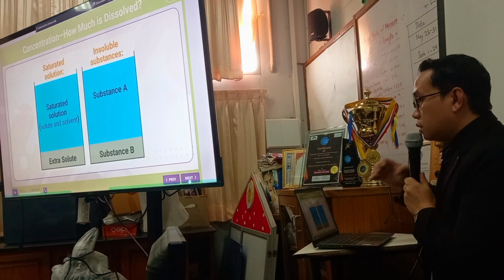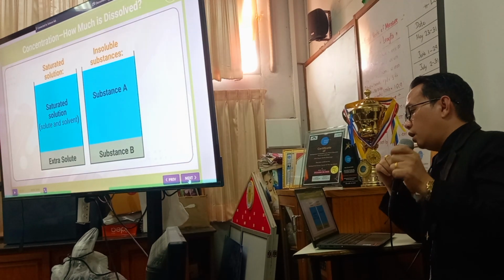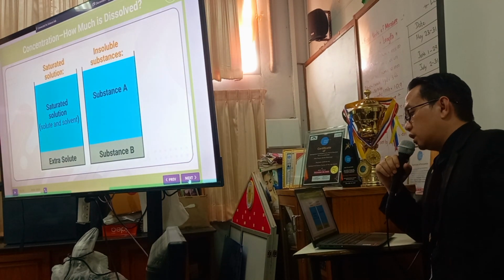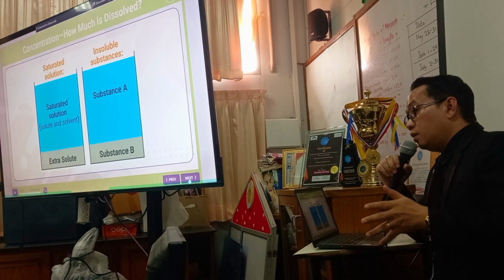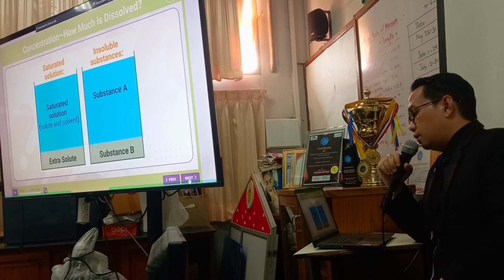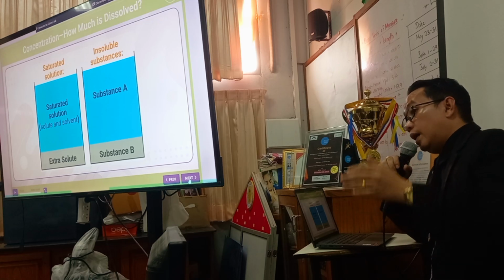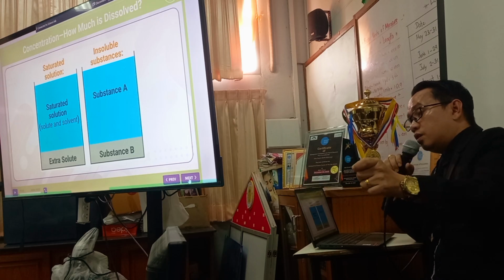So look at the difference between them: saturated solution and insoluble substances. Okay? So in a saturated solution, the solute and solvent, presuming this is already a special mixture, what will happen? How to do it? So therefore, we need to have a sort of comparison.